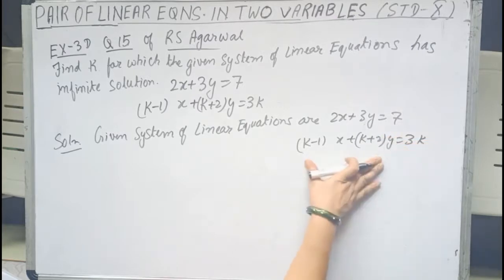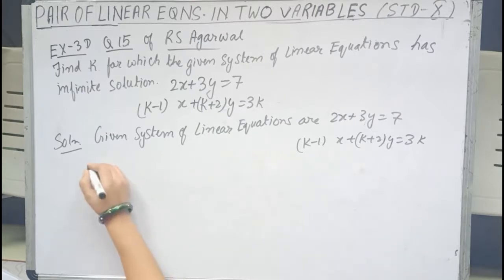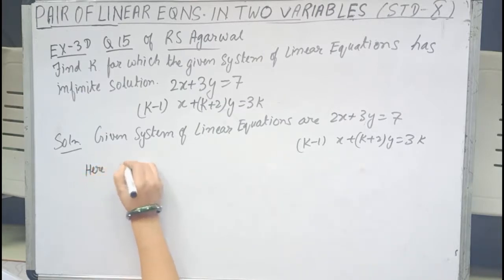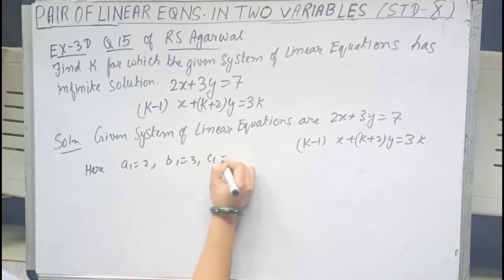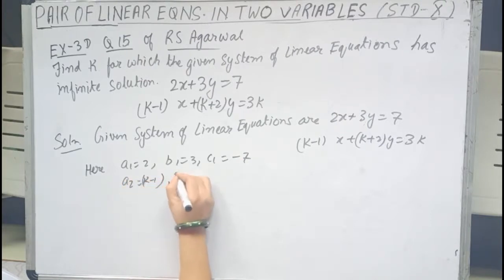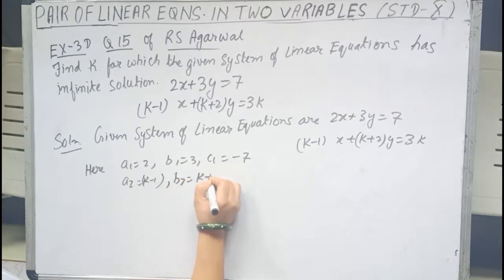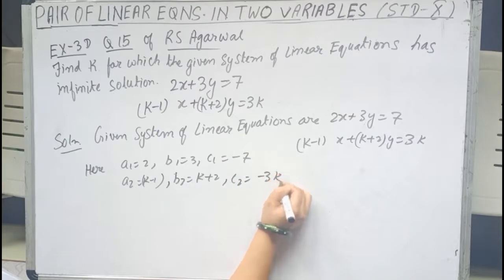So here I have rewritten the equations. Now I will write here a1 equals 2, b1 equals 3 and c1 equals minus 7. a2 equals k minus 1, b2 equals k plus 2 and c2 equals minus 3k.